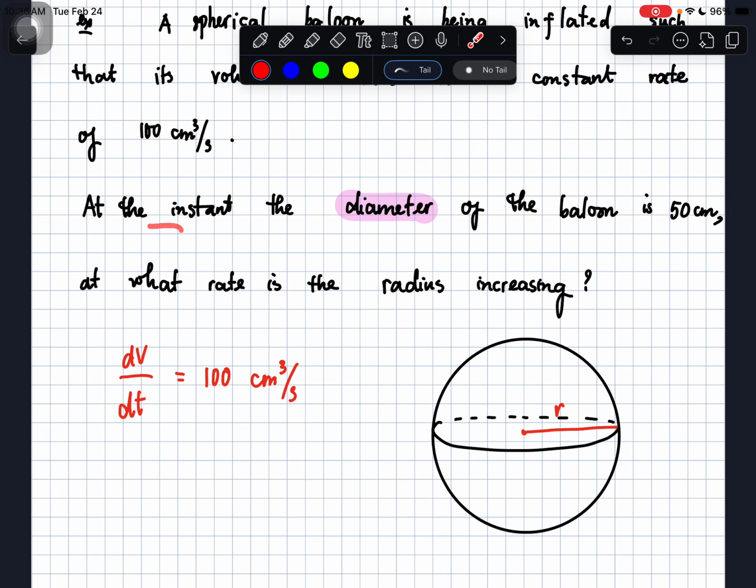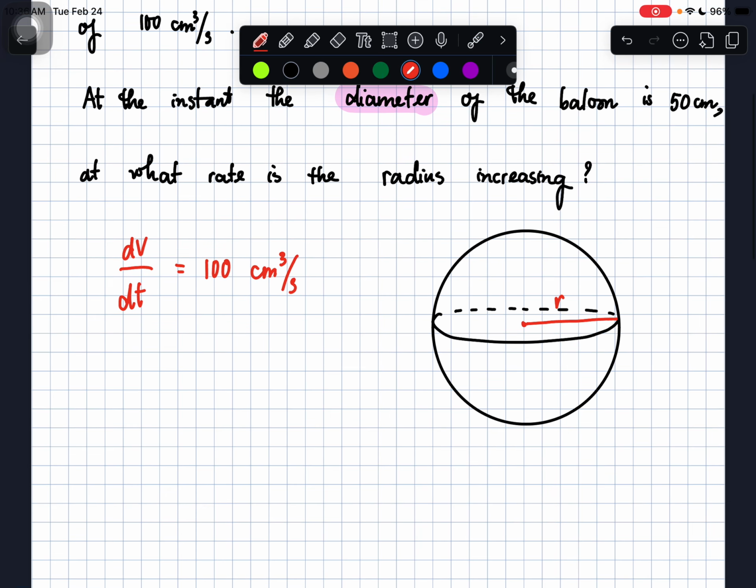At the instant, the diameter of the balloon is 50 centimeters. So at one point, the diameter is 50 centimeters, and at that point the radius, half of the diameter, half of 50, is 25 centimeters.